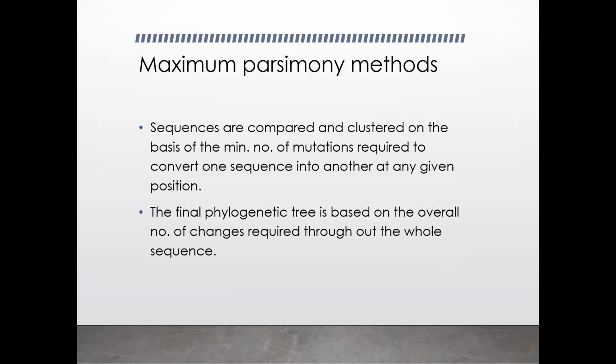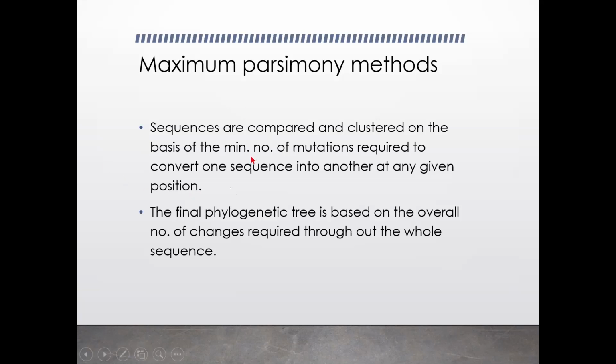The next method of phylogenetic tree building is maximum parsimony method. In this method, the sequences are compared and clustered on the basis of the minimum number of mutations that are required to convert one sequence into another at any given position.